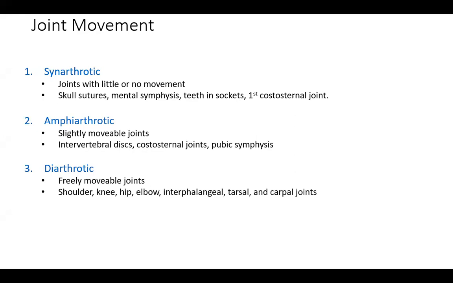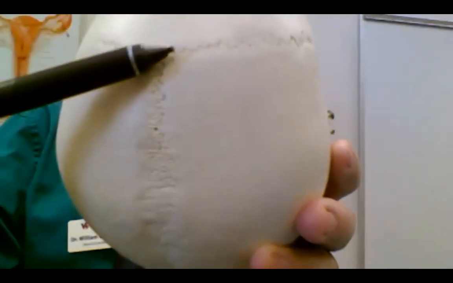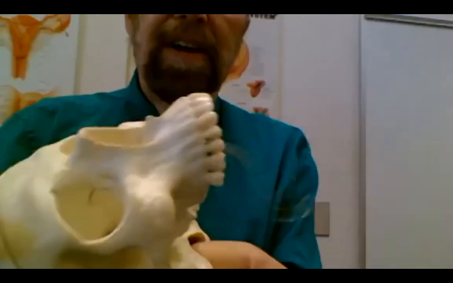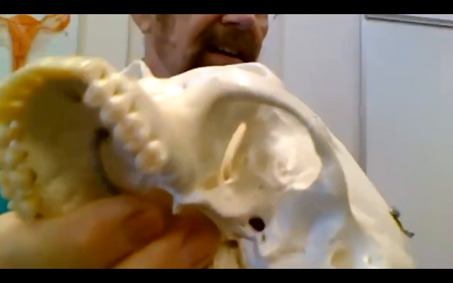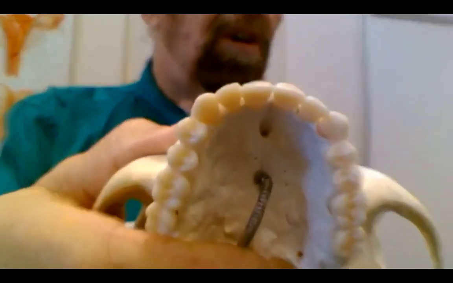If we take a look here at our skull, we would see these suture lines, for example, that we see right here. These are an immovable joint. Those joints don't move, they don't give, they don't have any play at all. The teeth in the sockets are also an immovable joint. They don't move at all. There's no flexibility, no give here.